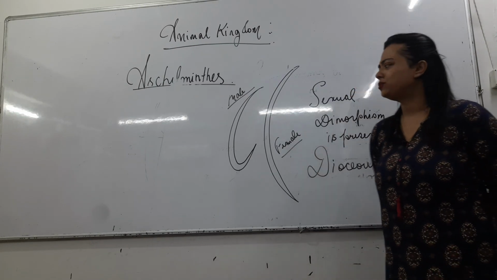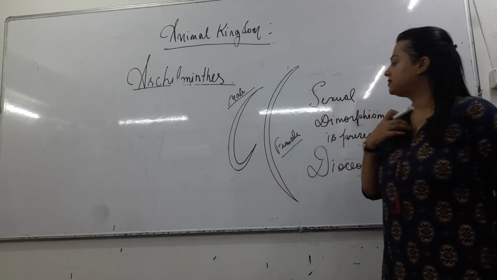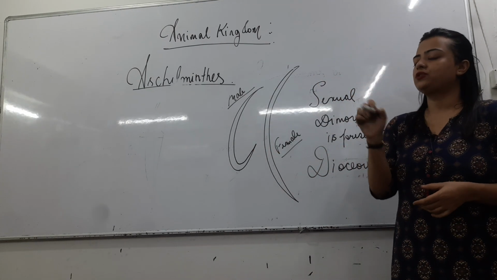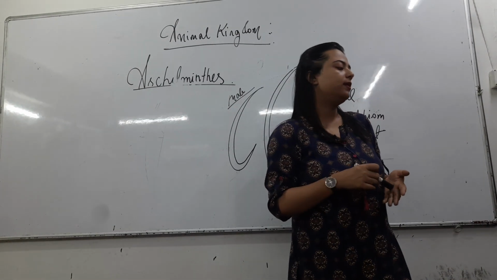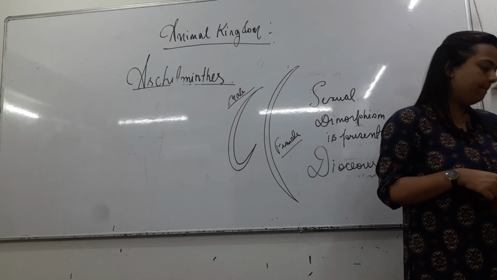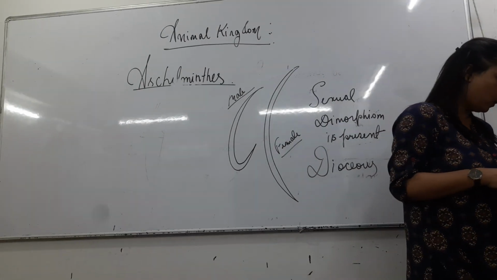You can find the diagram in the book. Okay, I've just shown it. Sexual dimorphism is present. Full stop. Male is smaller than the female.